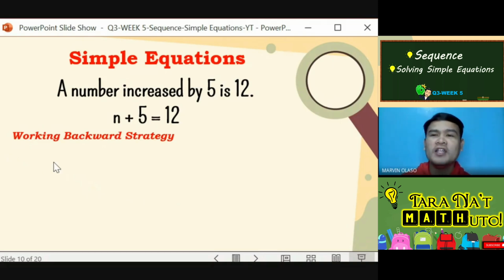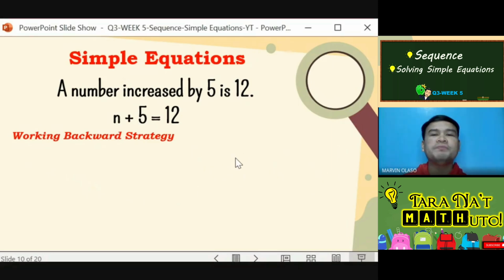Sila yung magkabaliktaran, no? Kung addition yung una, pag nag-backward tayo, gagamitin natin yung subtraction. Pag subtraction, mag-a-add tayo. And also, multiplication and division are the inverse naman. Kung multiplication yan, you have to use division kapag working backward. Ganun din pag division, mag-multiply tayo. So, that is the opposite or the inverse operation.